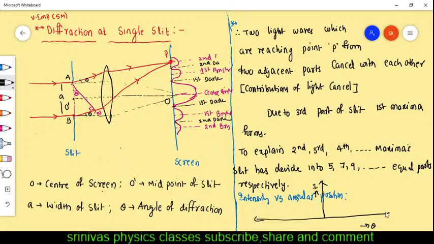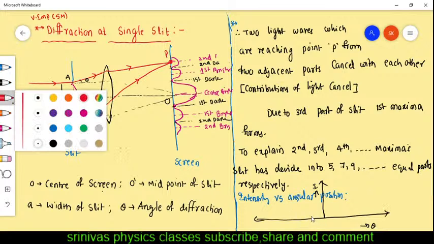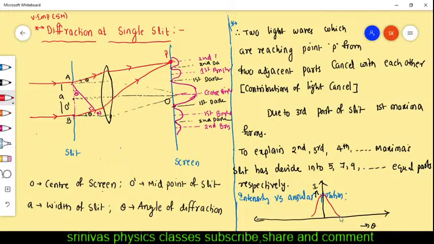You will get the graph like this. At the center, a bright band forms. This is the first minima.